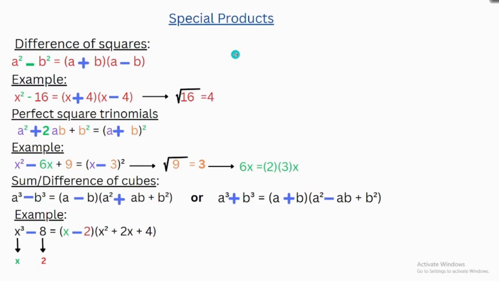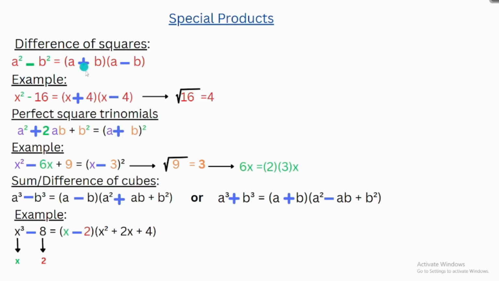Special product, we will talk about the difference of two squares. What is the difference of two squares? When this is a perfect square and this is a perfect square, and between them a minus, just minus, because it's the difference between two squares. So we will open two parentheses, one with the root of the first and the root of the second, and the same here.